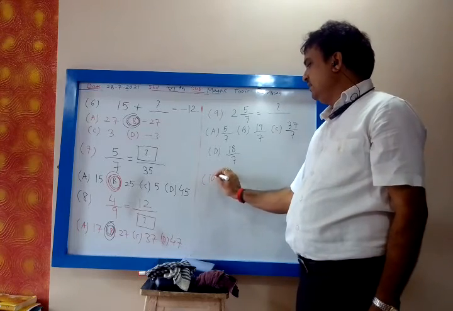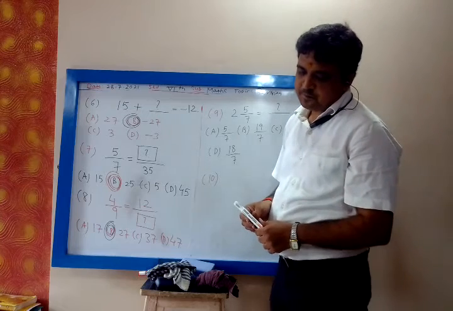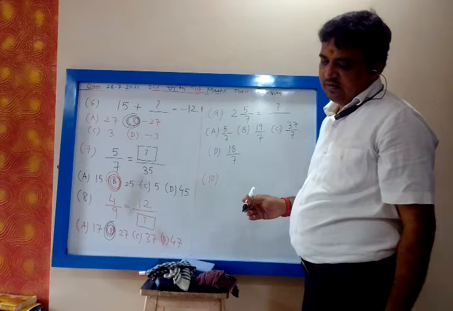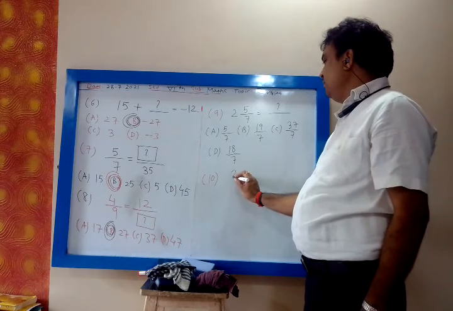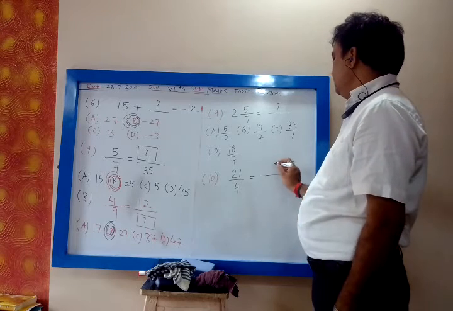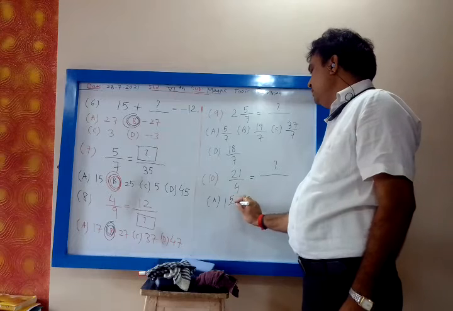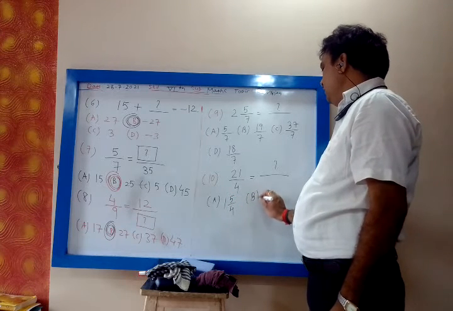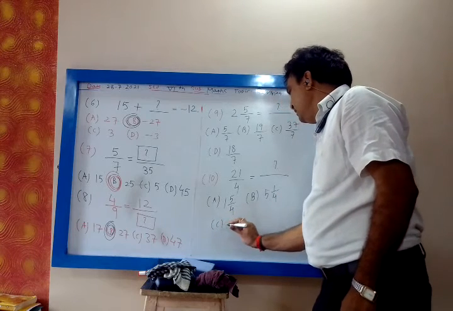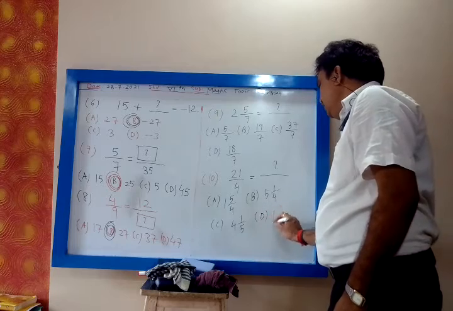Then 10th one, 21 upon 4 is equal to dash. Option A, 1 is to 5 by 4, B, 5 is to 1 by 4, C, 4 is to 1 by 5, D, 1 is to 4 by 5.